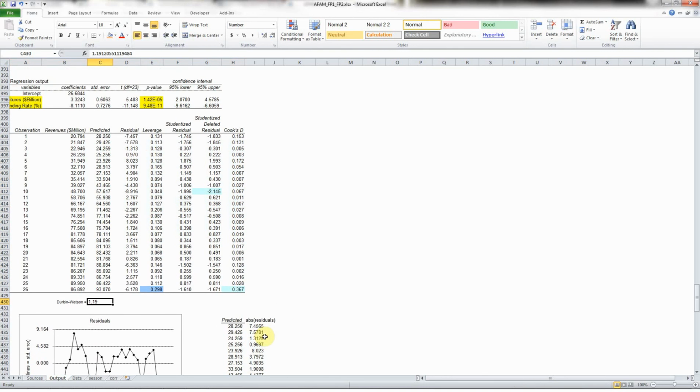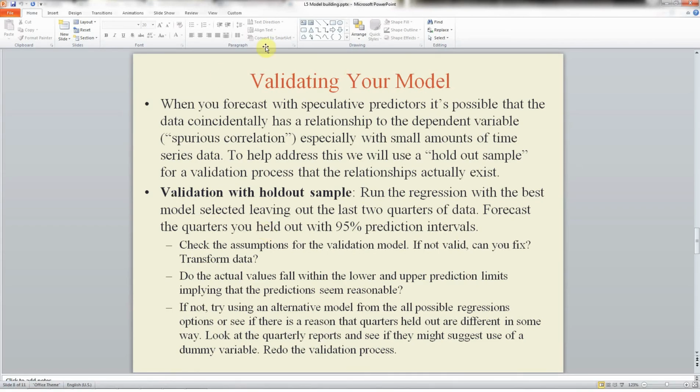Before I start trying to fix the Durbin-Watson, I want to see if this model is actually good enough to predict its own data. That's called a holdout. So this is the validation with a holdout: what I'm going to do is leave out the last 2 data points, and then run the regression and try to use that regression to predict the 2 values that I left out.